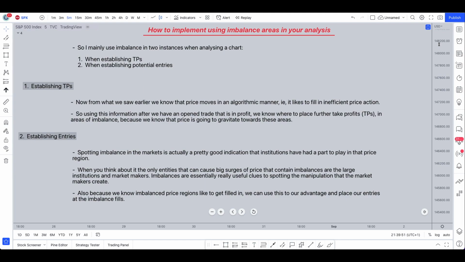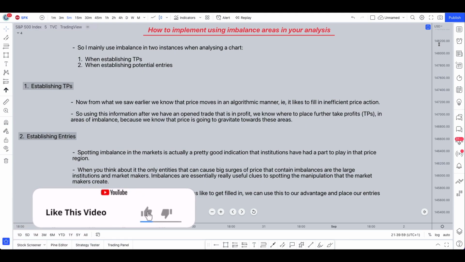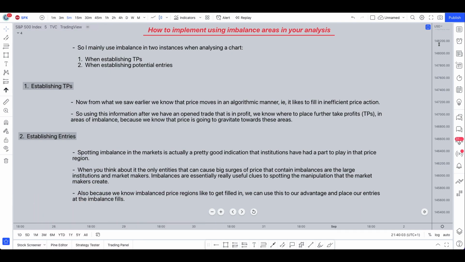And now moving on to the actual second main reason why I use imbalance when analyzing a chart, which is obviously to do with establishing entries. Now, spotting imbalance in the markets is actually a good indication that institutions had a part to play in that specific price region.